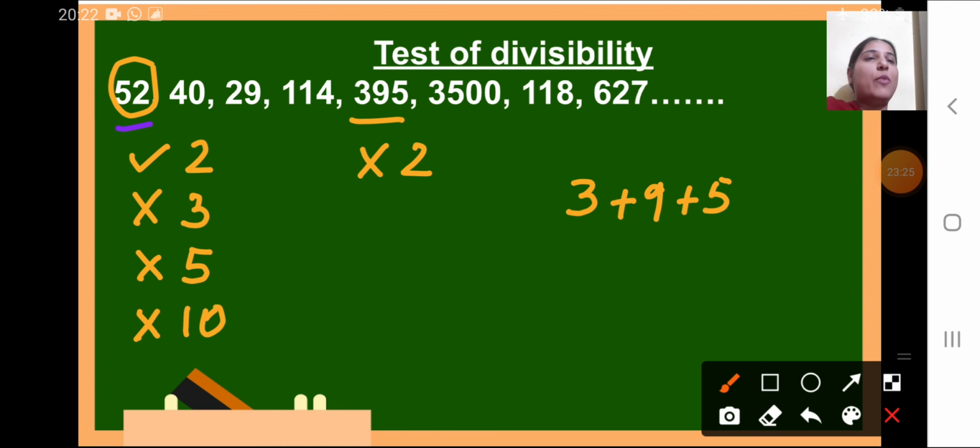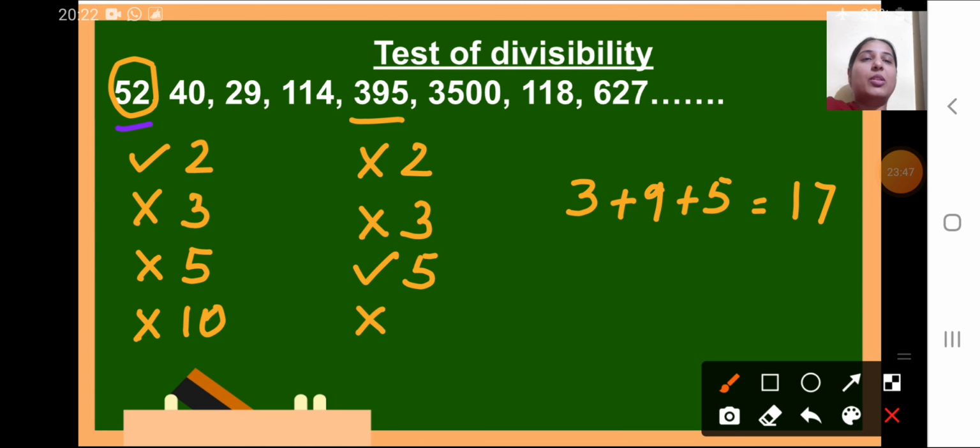So 9 plus 3 is 12, 12 and 5 is 17. So it will not be divisible by 3 also. Then will it be divisible by 5? Yes, it will be because the digit at the ones place is 5. And then will it be divisible by 10?